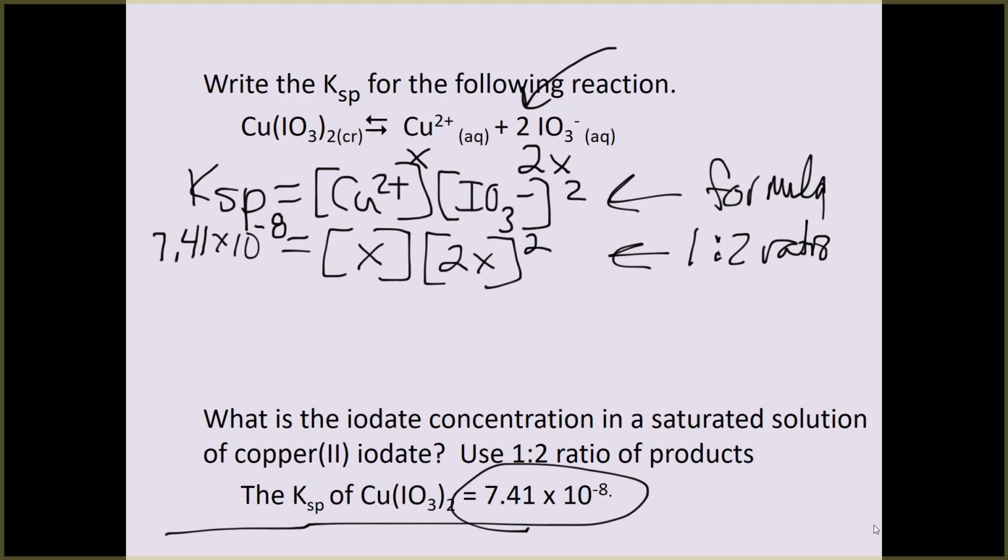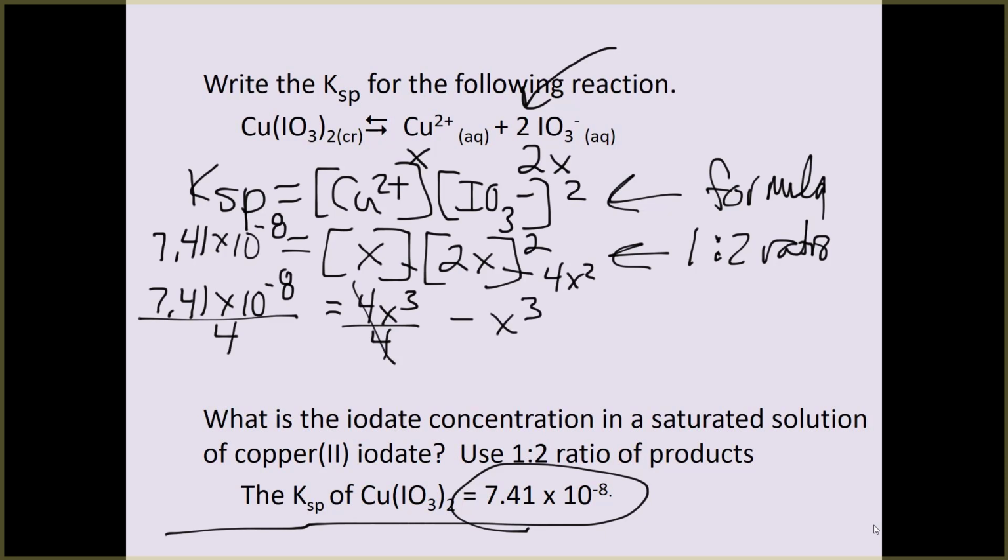So let's go ahead and solve for x. So 2x squared is going to be 4x squared. And I'm going to multiply it by x, so that's going to be 4x cubed is equal to this number. Now, my calculator does not do cube roots very well, because that's what we're going to end up getting. So we're going to end up with x cubed is equal to this number over 4.